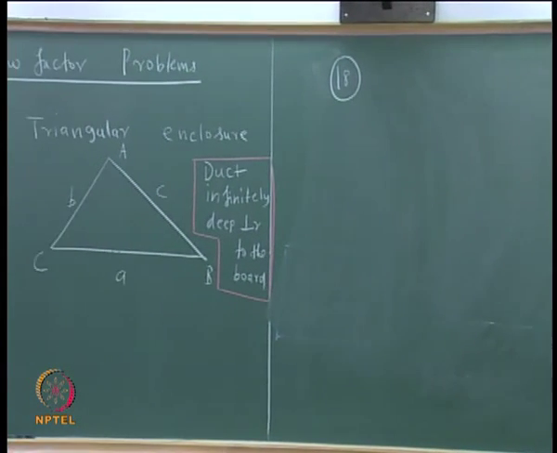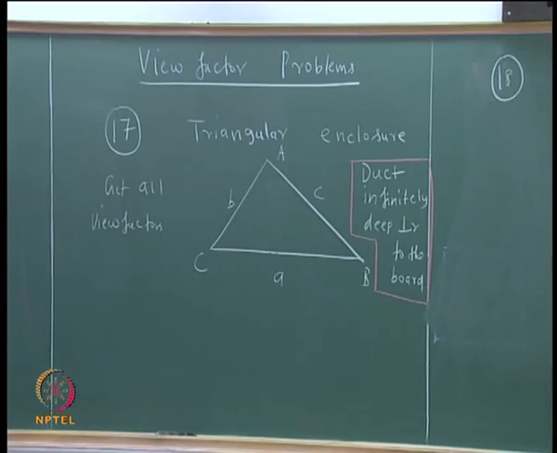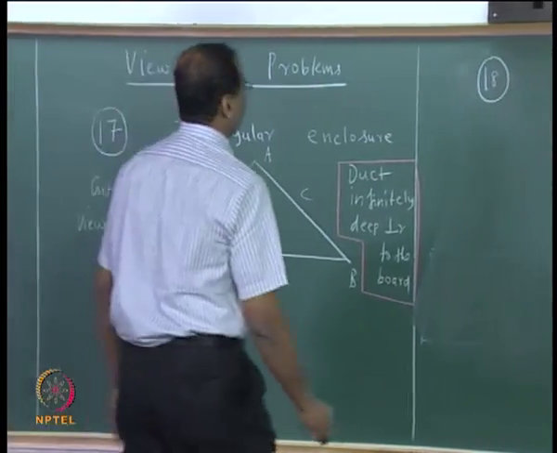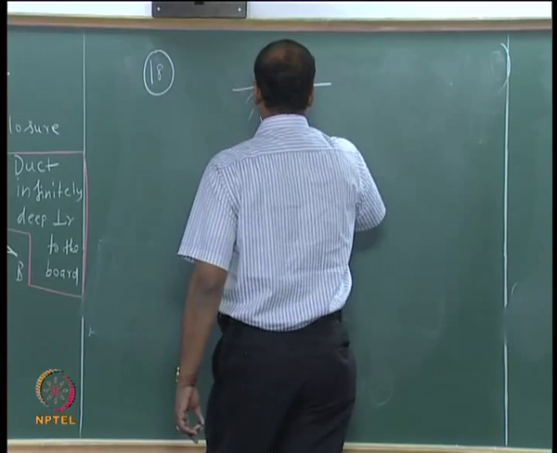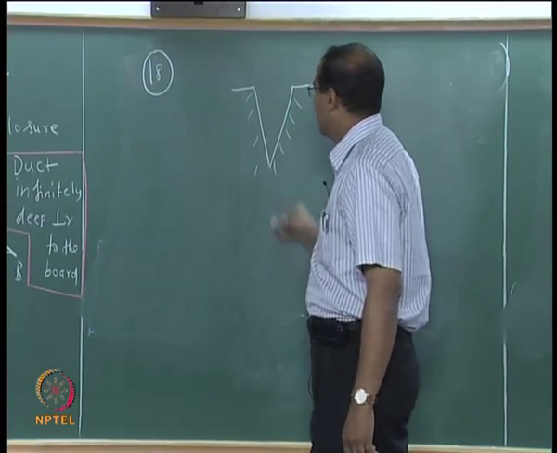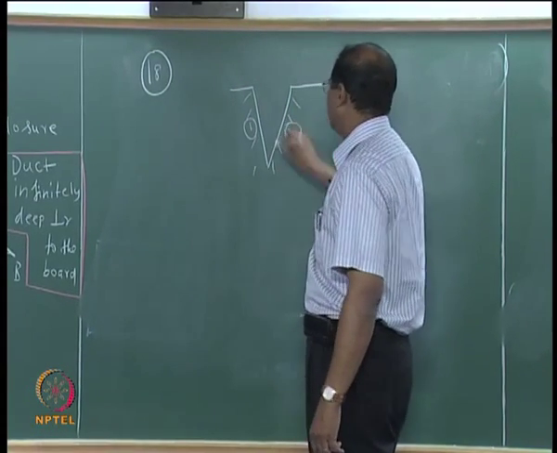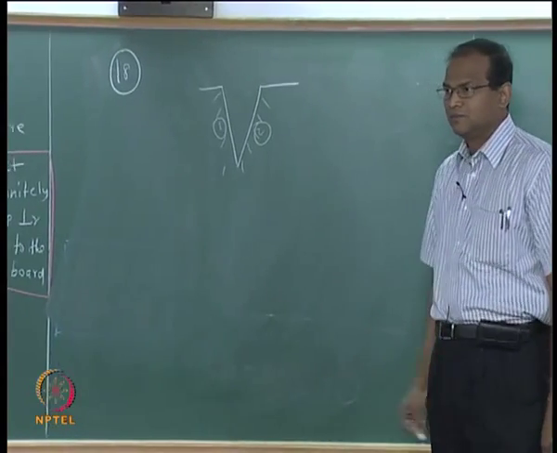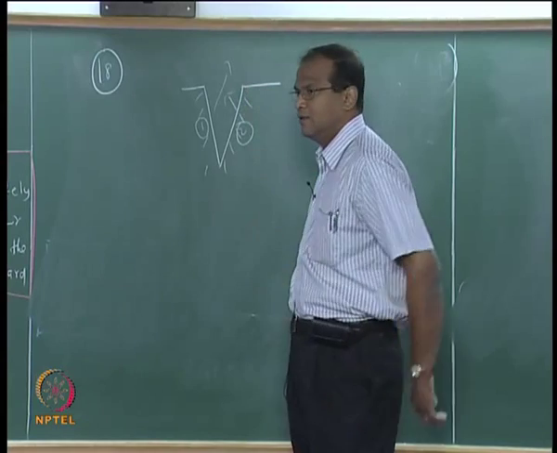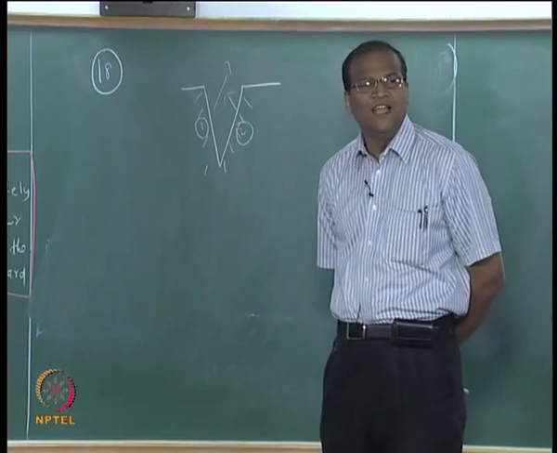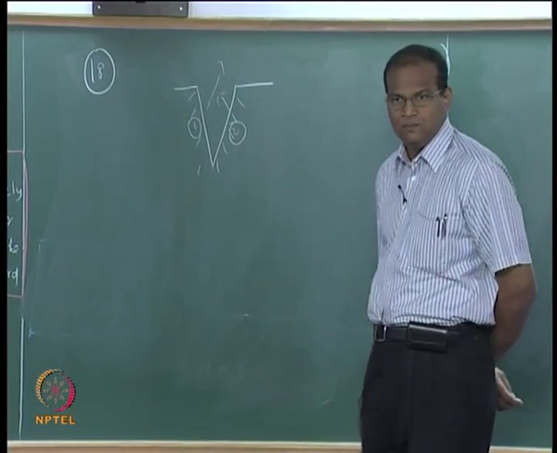Suppose I have a V groove, suppose I have a groove, right. So for example, I have a surface, so this is 1 and this is 2, yeah. So here there is vacuum, it is radiating and all that. I am interested in getting F12, okay.